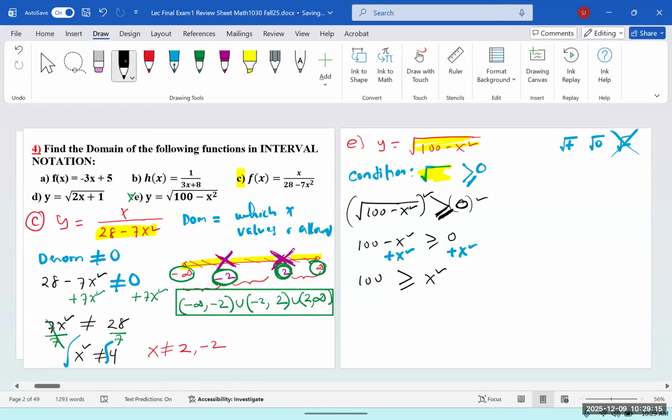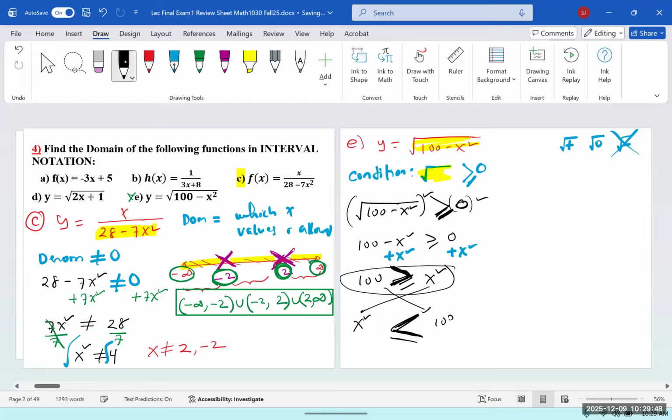Now we do something weird. This looks weird because we always have the x term on the left, yet our x term is on the right. So we can flip this entire inequality. We can put x squared here, we can put 100 here, and if you observe, the mouth of the inequality is toward 100, so we have to keep our mouth the same.